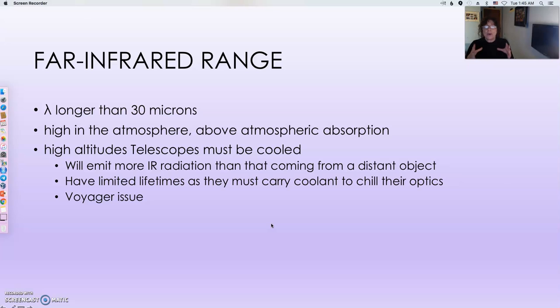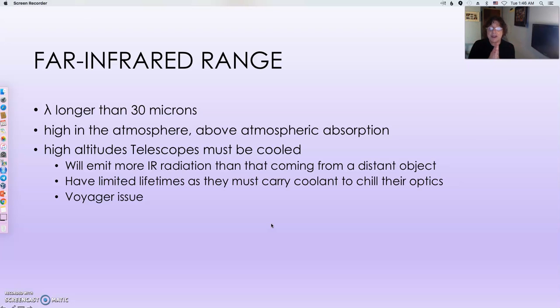And in order to move those scopes up into the atmosphere where it is very cold, we still have to cool the telescope and provide coolant so that the satellite isn't running warmer than the waves it's trying to measure. So that becomes very interesting.